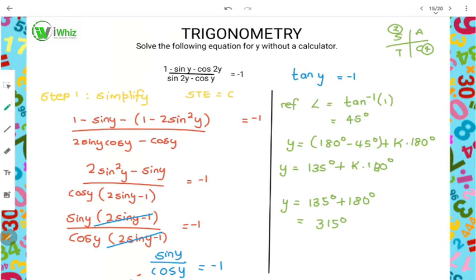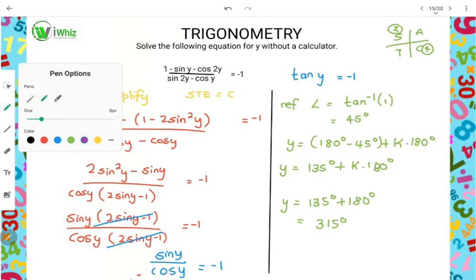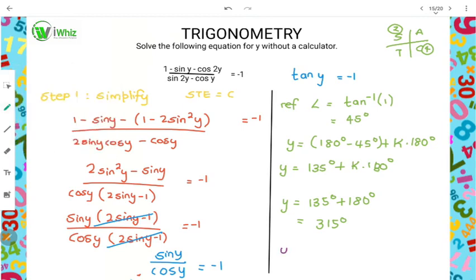So we can state the following. We can write our final answer. So my final answer will be y is equal to 135 degrees plus k of 180 degrees, where k is an element of the real numbers.